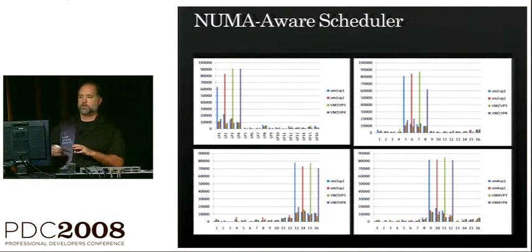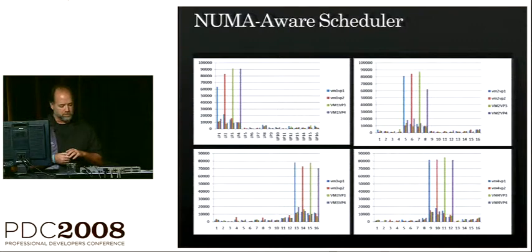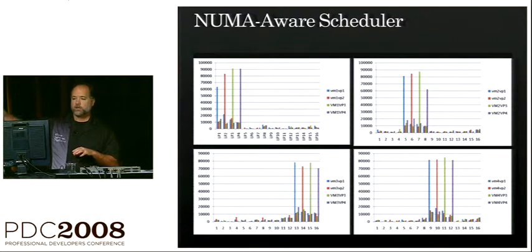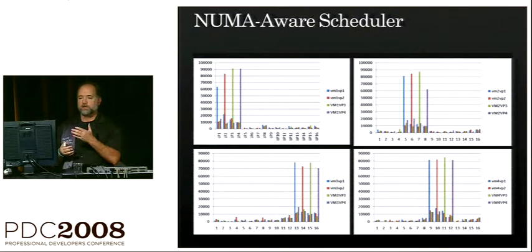So we had 16 virtual processors, 16 logical processors, 4 NUMA nodes, 4 virtual machines. The 4 charts show the runtime of each of the 4 virtual machines, VM1 top left, VM2 top right, and so on. Each chart has 4 bar colors, 1 for each virtual processor in the corresponding virtual machine.